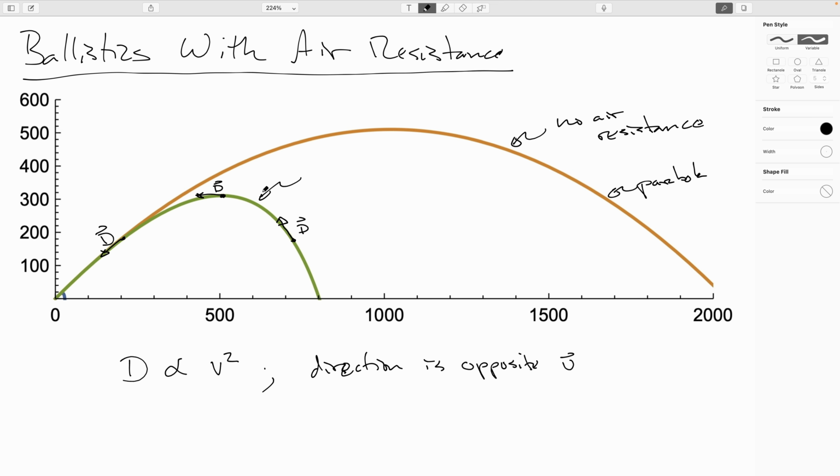Here, the green curve for the same launch speed, this is with air resistance. Now, I did choose an object that would experience a lot of drag, a pretty high drag coefficient, just to make the difference more pronounced. But this sort of thing is typical behavior.